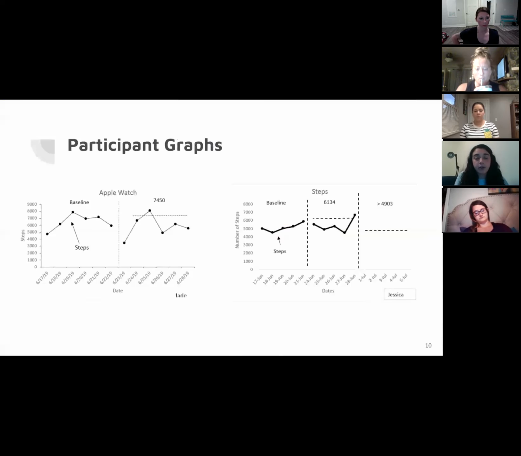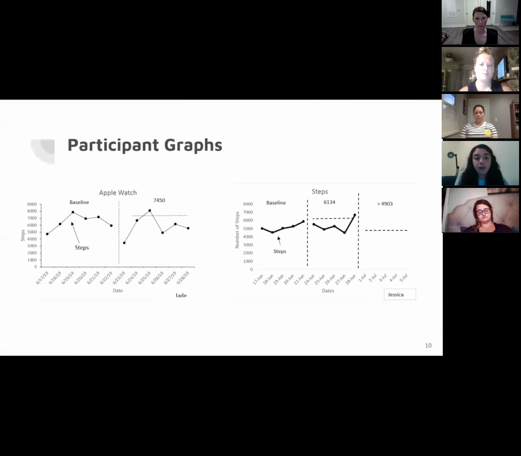Then the next graph we're going to look at is Jessica's graph on the right. Jessica was able to obtain a stable baseline trend after 5 observation days. Jessica's average step count was 5,134 during baseline. So her phase 1 criterion was set to 6,134 steps for 3 out of 5 days.